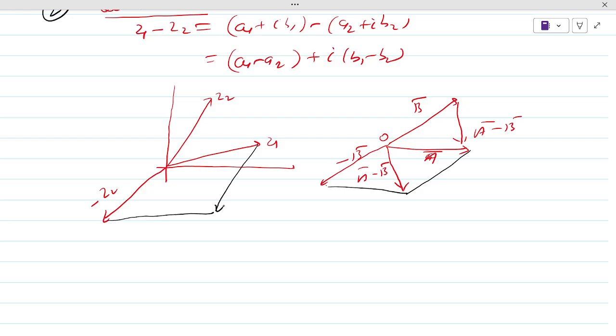This is z1 minus z2, and also this is the same as this one, so here also I can write z1 minus z2. This is called subtraction.